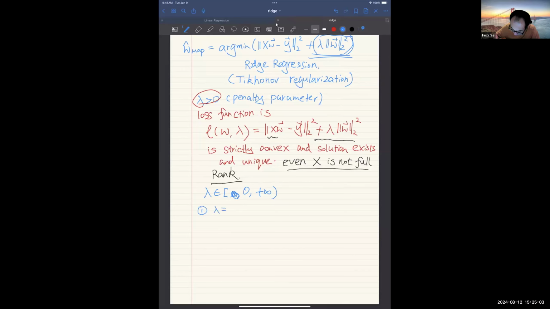If lambda is 0, this is just least squares. If lambda is infinity, that means the first term, the negative log likelihood, doesn't matter. It only matters for the second term, which indicates my W is always equal to 0.